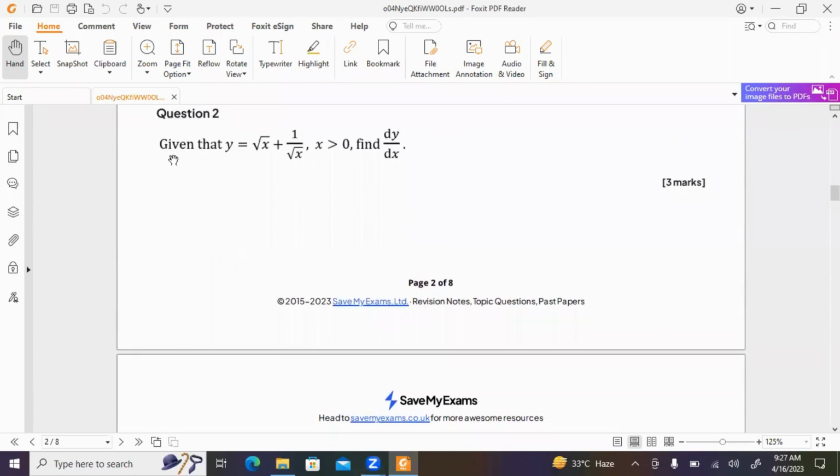In question 2, it says, given that y equals root x plus 1 over root x, x is greater than 0, find dy by dx. In cases where we have roots, or powers in the form of fractions, firstly rewrite the root as the power 1 over 2.